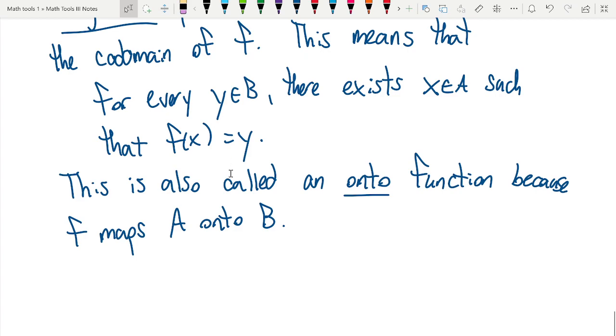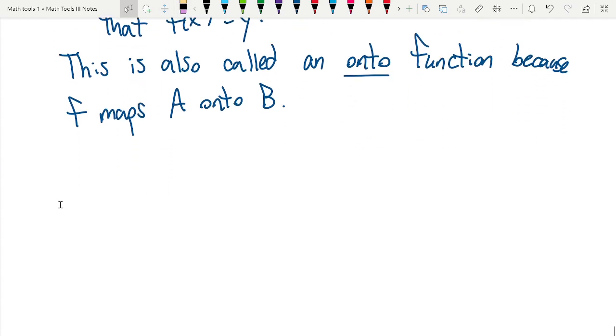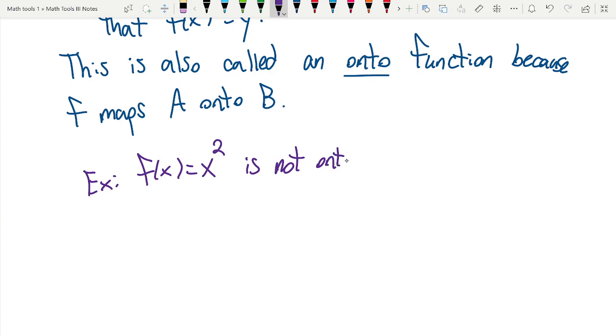This one can be a little bit trickier to show directly, at least in my experience. Injective just flows a little bit better. We can show that f of x equals x squared is not an onto function, or not surjective.